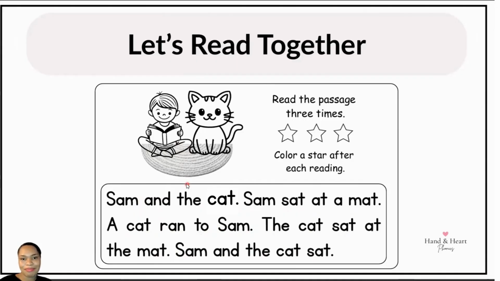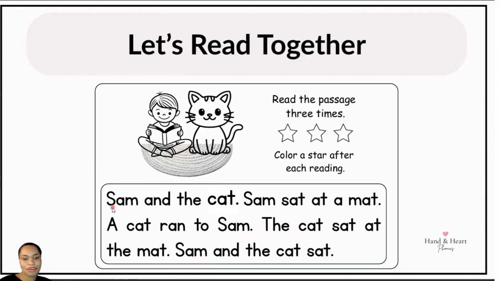Beautiful. Read that with me. Get ready. Sam and the cat. Sam sat at a mat. A cat ran to Sam. The cat sat at the mat. Sam and the cat sat. Beautiful.